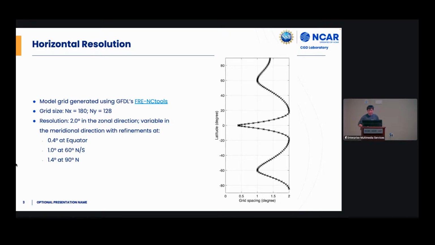We have some refinement along the equator and also 6 degrees north and south, just to better resolve those areas. In total, we will have 128 grids in the meridional direction and 180 equally spaced grids in the zonal direction.